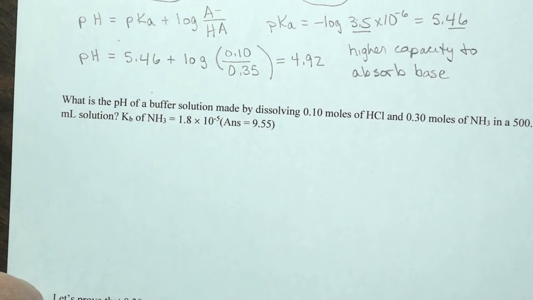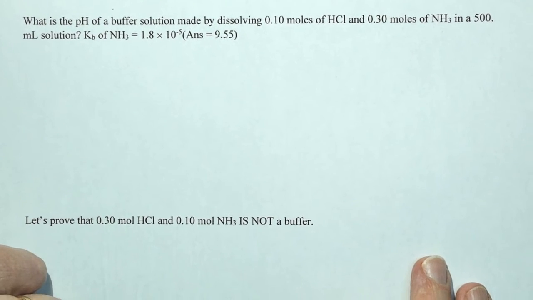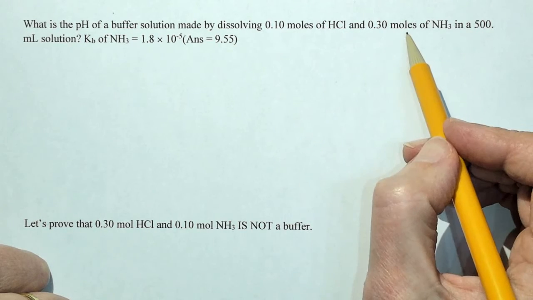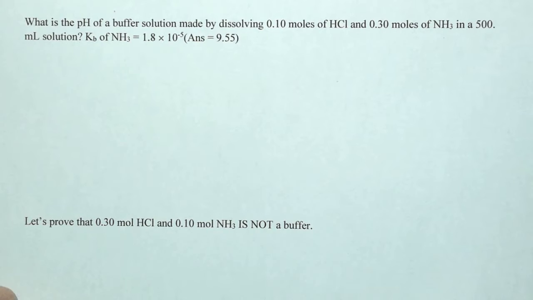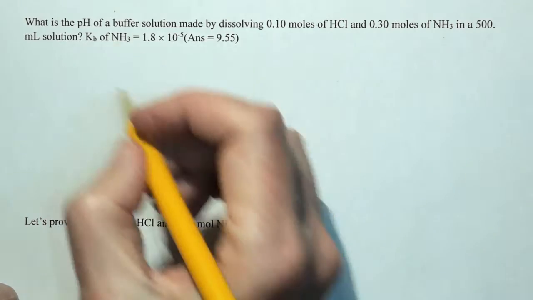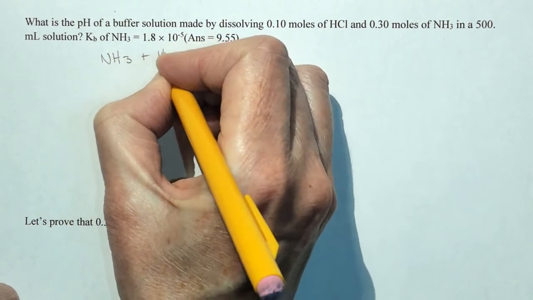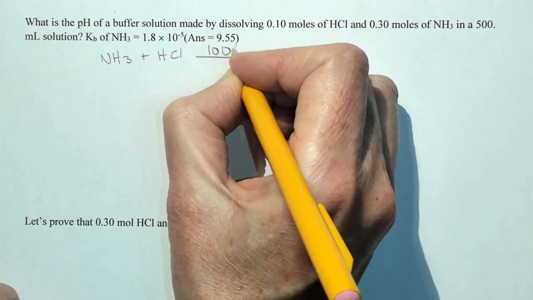Let's look at a second problem that looks at the pH of a buffer solution made by dissolving 0.10 moles of the HCl and 0.3 moles of the NH3. Again, we're going to set this up as a BCA table. So we're going to have NH3 plus HCl, 100%.